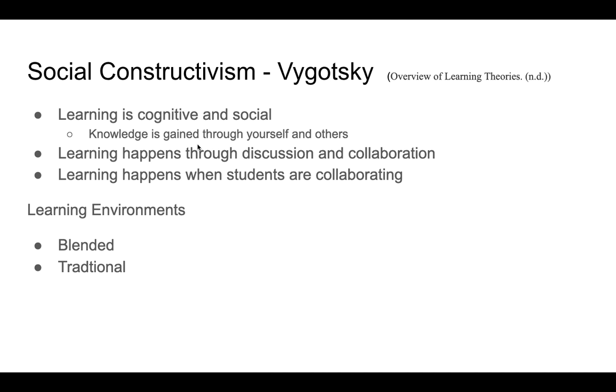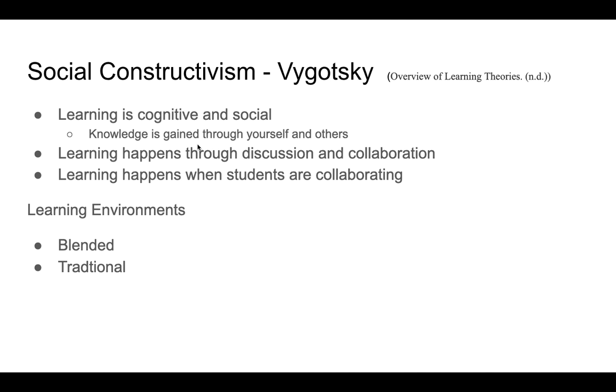He says that learning happens through discussion and collaboration. You're able to learn the standards through discussing with others and collaboration. This occurs with either a teacher to her class or from student to student.